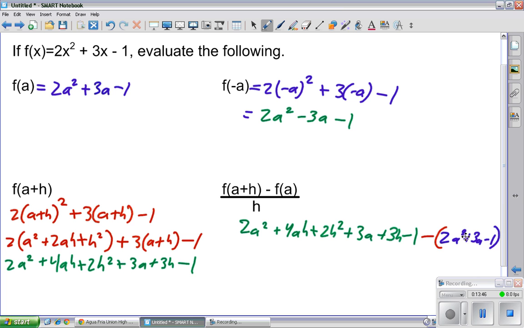You need to distribute that negative. So we do want to simplify this top. So distribute your negative. Negative 2a squared minus 3a plus 1.